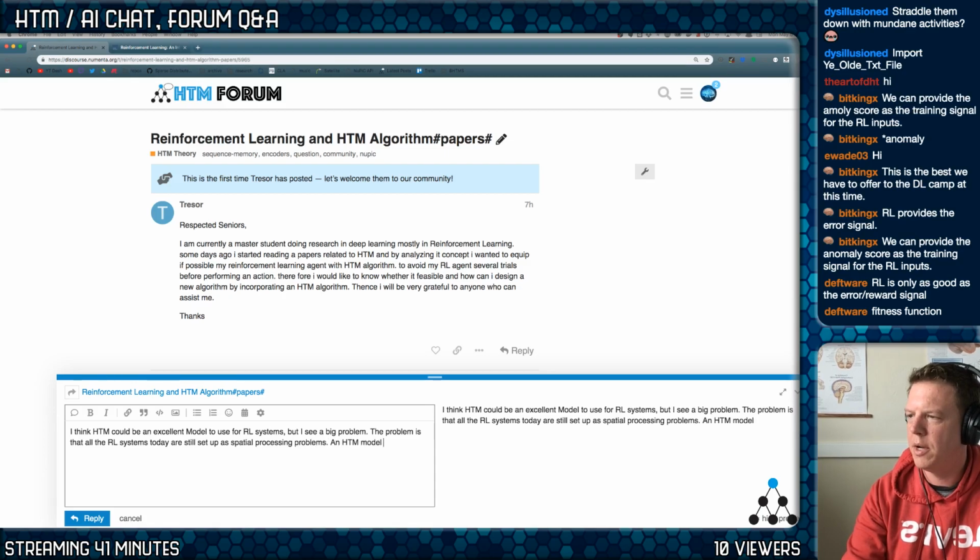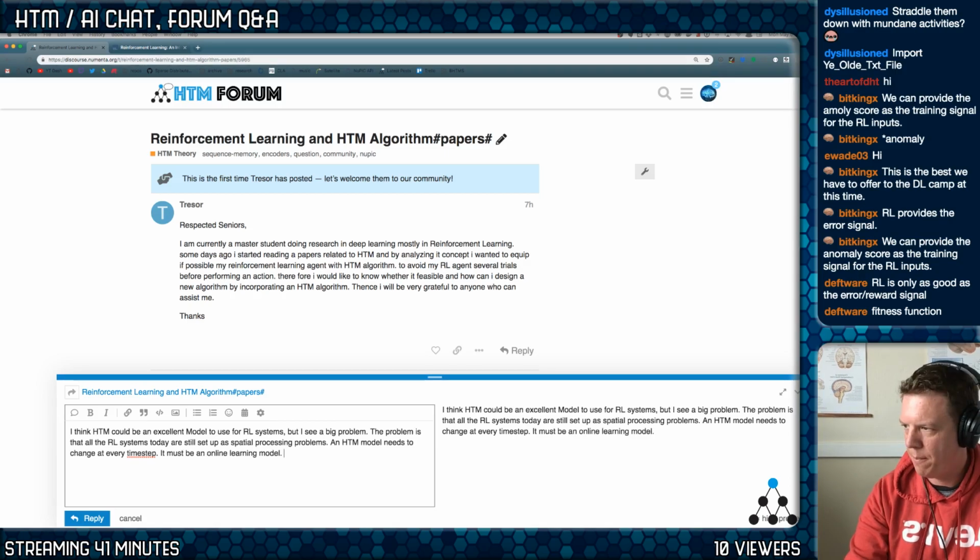And the HTM model needs to change at every time step. It must be an online learning model. If you can find an RL framework that allows models to be updated at every time step, I would start there.